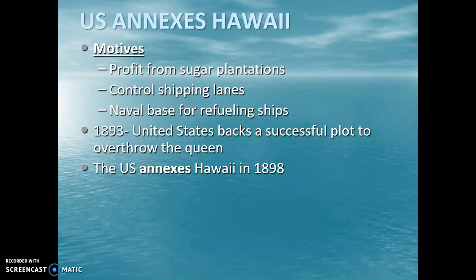So by the 1890s, right on the precipice of us going to war with Spain over in Cuba to try and gain independence for Cuba, we are going to annex Hawaii, right? And to annex something means that you don't necessarily buy it. They don't necessarily give it to us. We just sort of force our way in.